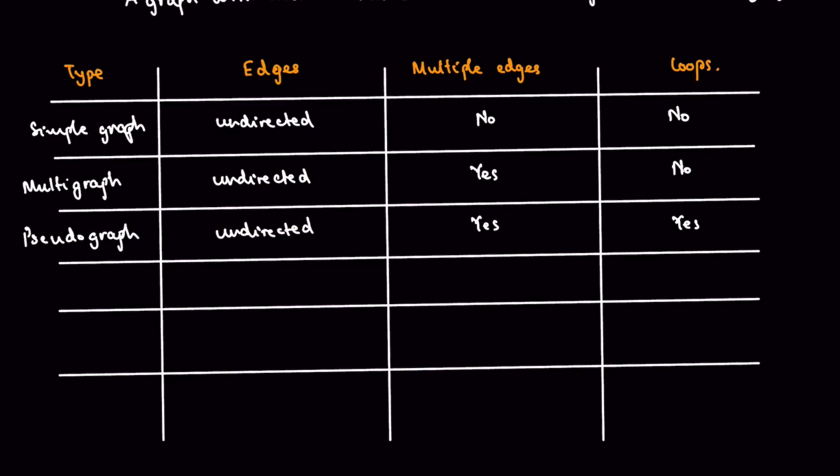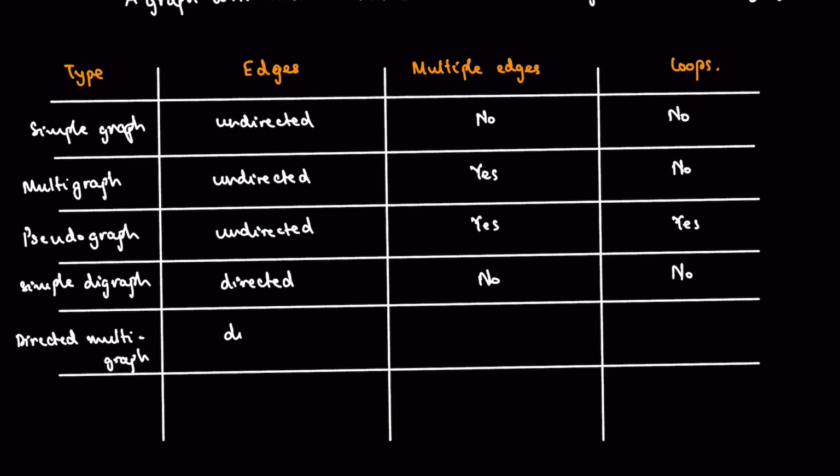For a simple directed graph, so simple digraph, this is directed. Multiple edges are not allowed and there should be no loops. Now for directed multigraph, the edges are directed. They can have multiple edges and they also allow loops in the graphs.